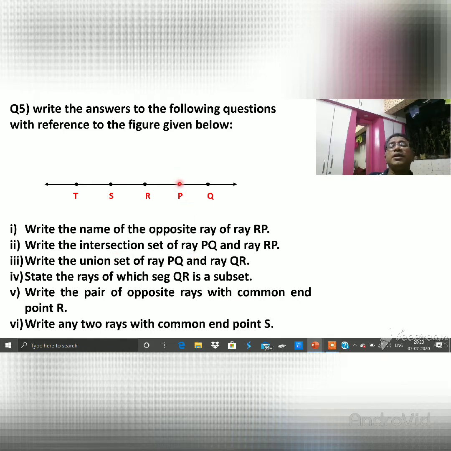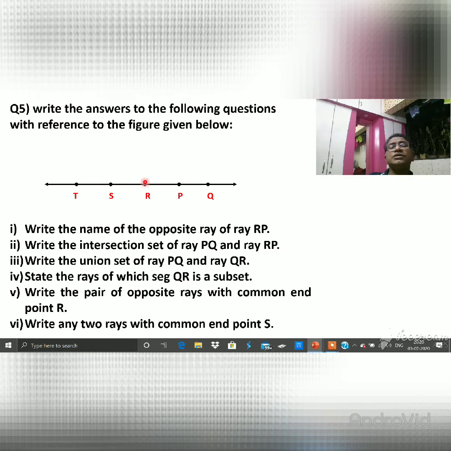So see, it is P, this ray PQ. This side it is increasing so many times, indefinitely increasing, because a ray is unlimited on one side. So P is the starting point and this side is unlimited. So it is the ray PQ. It can be increased in such a way. Then there is another ray given, ray RP.